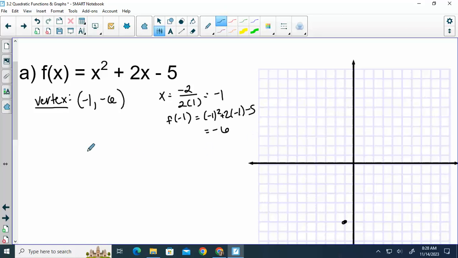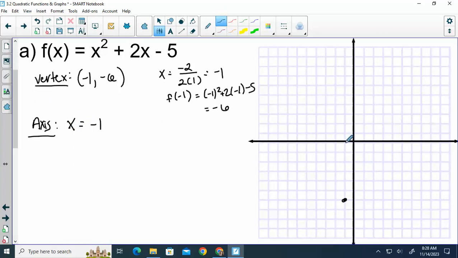The axis of symmetry is a vertical line going through the vertex. Since it's vertical, you need the equation, so it's just x equals the x value of the vertex. And we draw that with a dashed line.